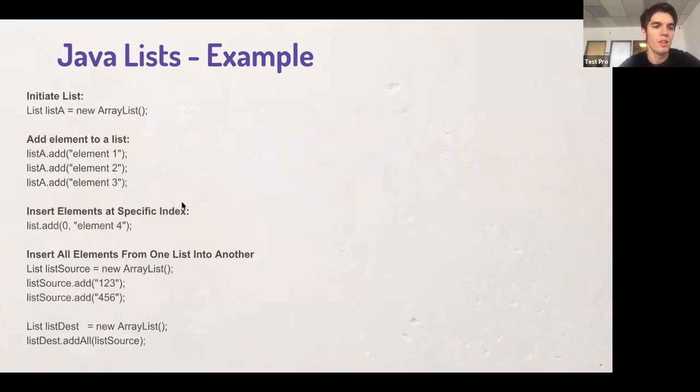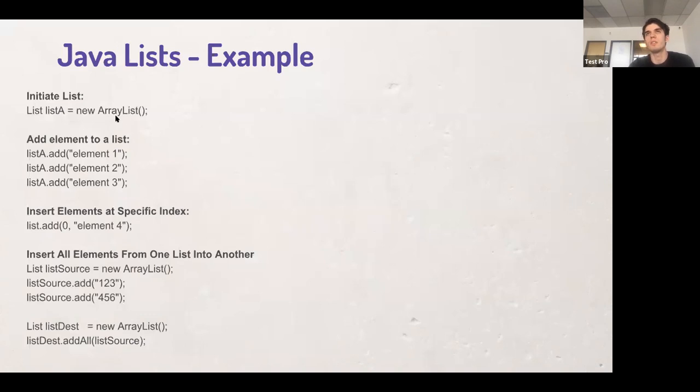Yeah. So here is a list example. This is how you initiate the list. You're defining the type List, and the variable name listA is a new ArrayList, because ArrayList is basically a class, right?